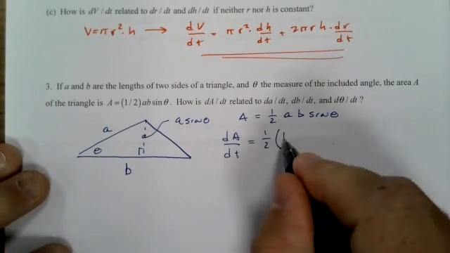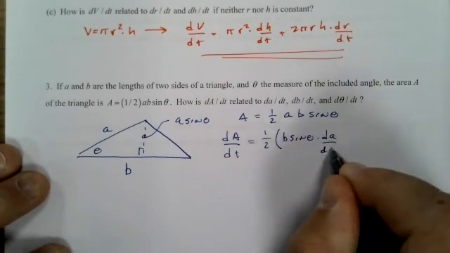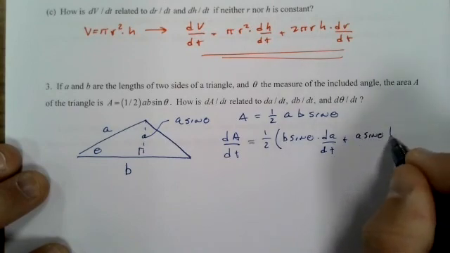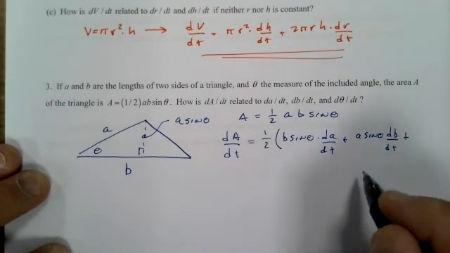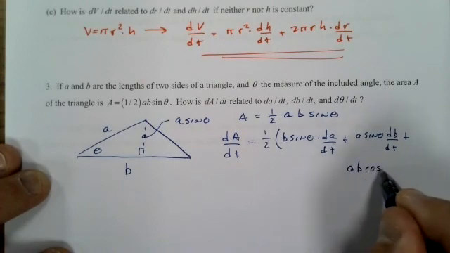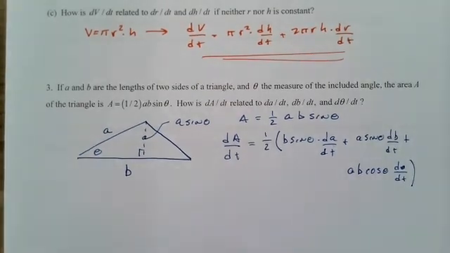So I'll take the derivative of A, B sine of theta, dA/dt, plus A sine of theta, dB/dt, plus, I'm going to bring it down here because I'm running out of space, AB cosine of theta, d theta/dt. Yeah, that's correct.